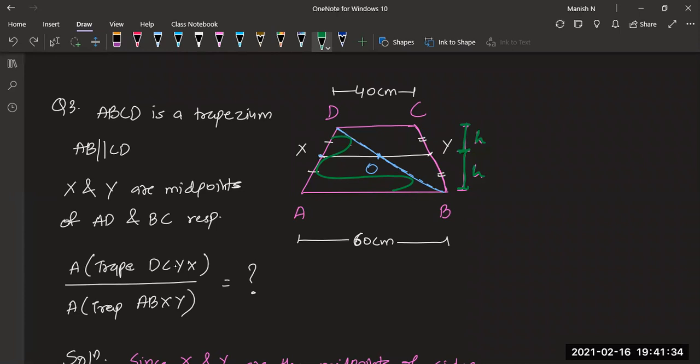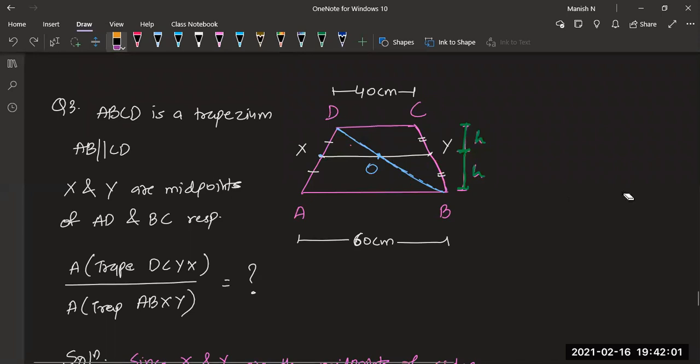Similarly, in triangle BCD, YO will be half of CD. YO will be half of 40, which will be 20. So this would be 30 and this would be 20. So XY has to be 30 plus 20, which is 50, right? XY has to be 50.